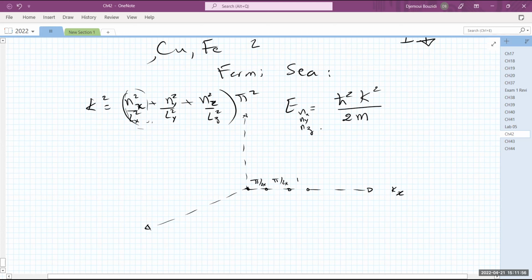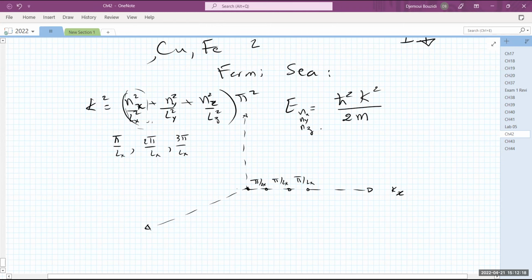The distance between this number and that one is always going to be pi over lx. In other words, I could have a pi over lx, that's for nx equals 1, or a 2 pi over lx, that's for nx equals 2, or a 3 pi over lx for nx equals 3, and so on and so forth. So this is one way of looking at it.